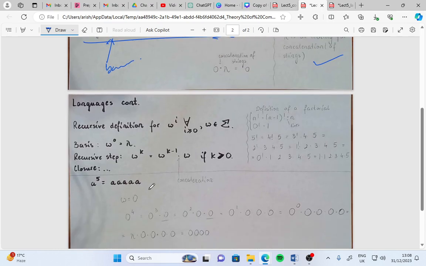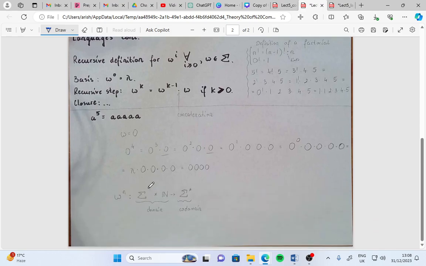Similarly, this is another example where our basis has a power 0. And we know that if any string has a power 0, its length is nothing, so this is lambda here.